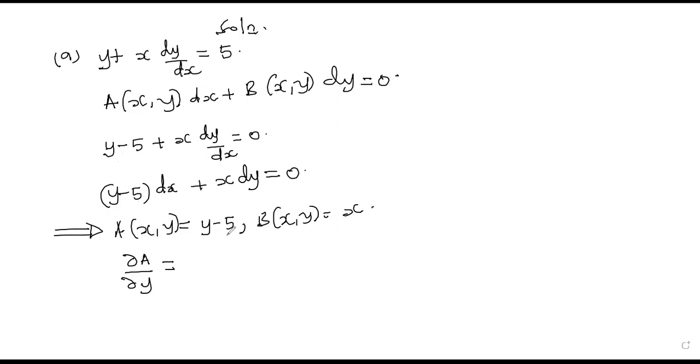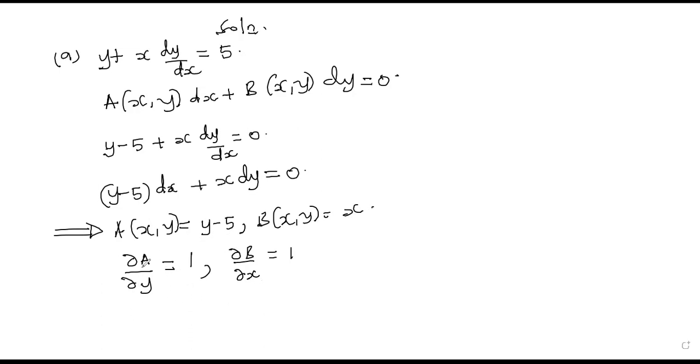If we differentiate it with respect to y, we get 1, because we are differentiating with respect to y. So it will be 1 minus 0, because 5 is a constant. Then ∂B/∂x, which means we are differentiating with respect to x. When you differentiate x, you get 1.